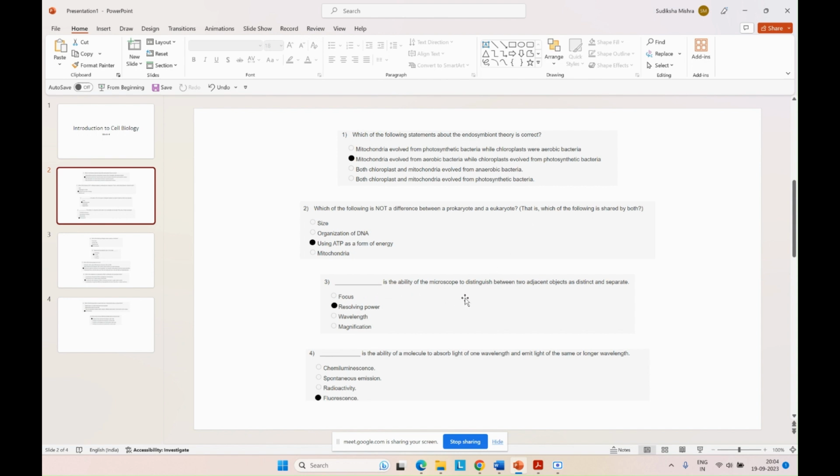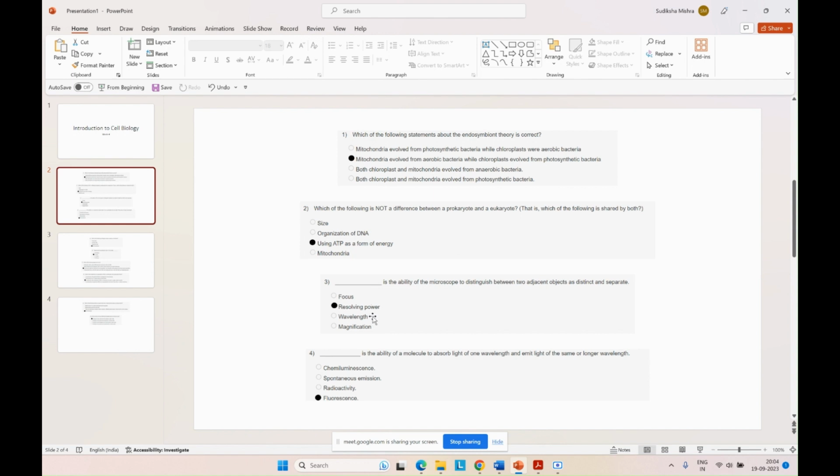Resolving power is the ability of a microscope to distinguish between two adjacent objects as distinct. Focus is when you shine your light at a particular place inside your sample, and how the light rays are arranged defines where your focus is.